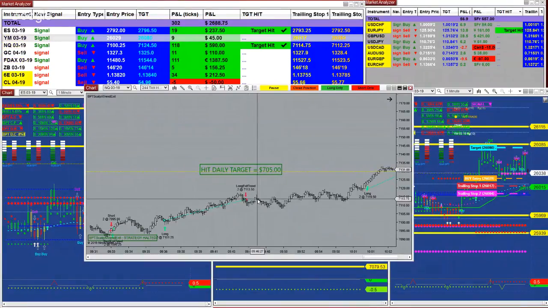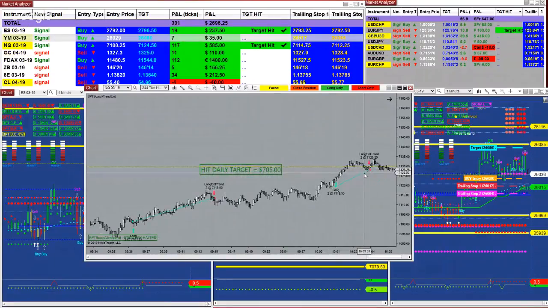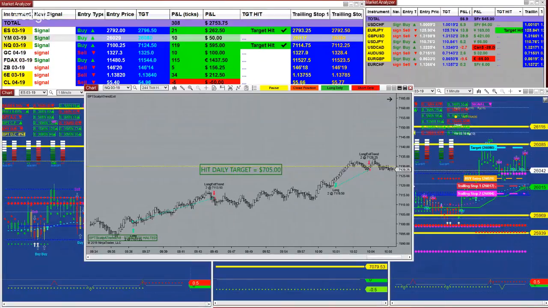But look at this beauty right before the news. The auto trade did not take anything. It was very flat. And then when the news came out, bang, we are done. And this is amazing. This is what I love to see on any kind of auto trade.